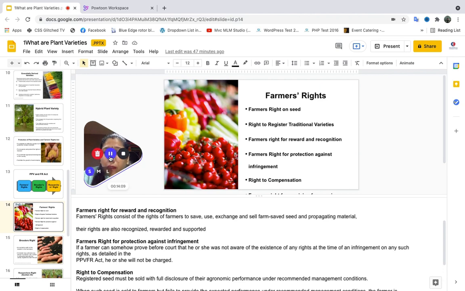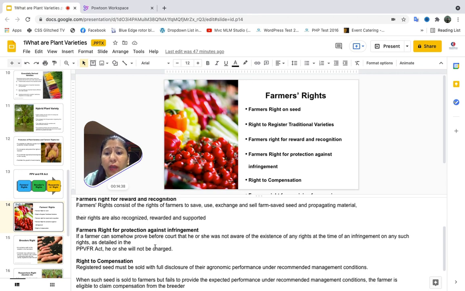If a farmer proves before court that he or she was not aware that he or she was using a protected variety for production, they are given protection against infringement. They will not be charged by the government for unlawful infringement of another person's property.